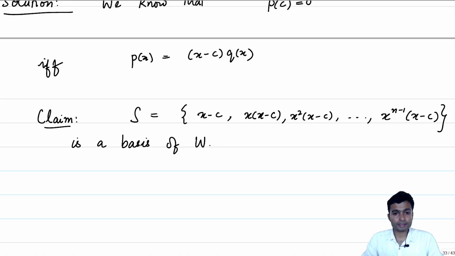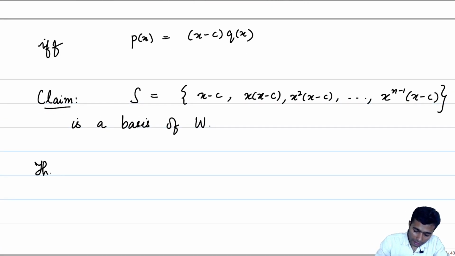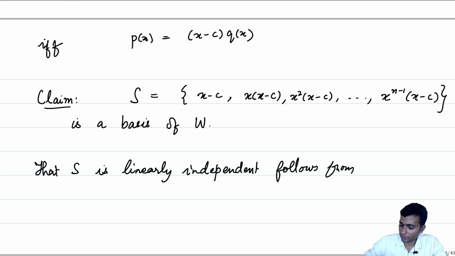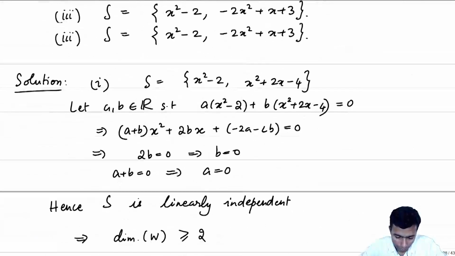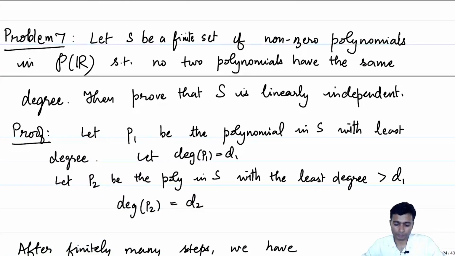The fact that S is linearly independent follows from one of the problems we have just proved. Let's see, which problem was it? Problem 7. What is that?